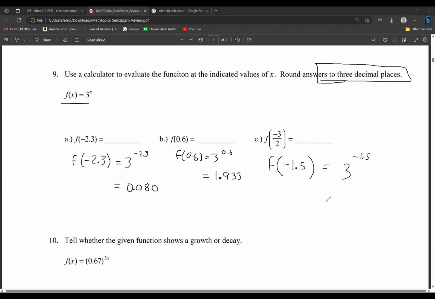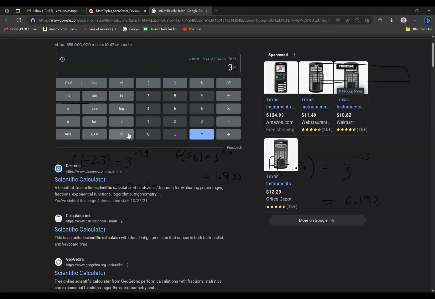What is that to 3 decimals? 0.192. All right, let's check that one. 3 to the negative 1.5 equals.